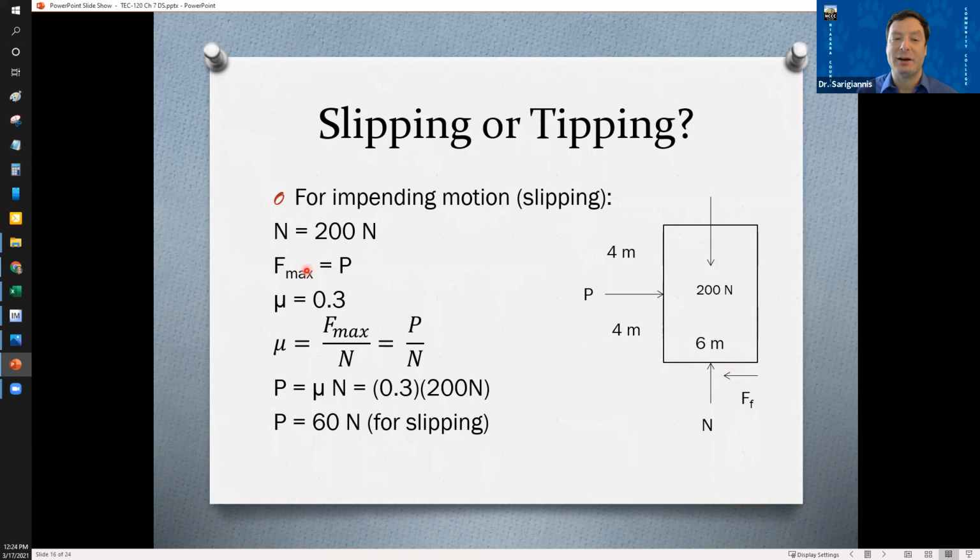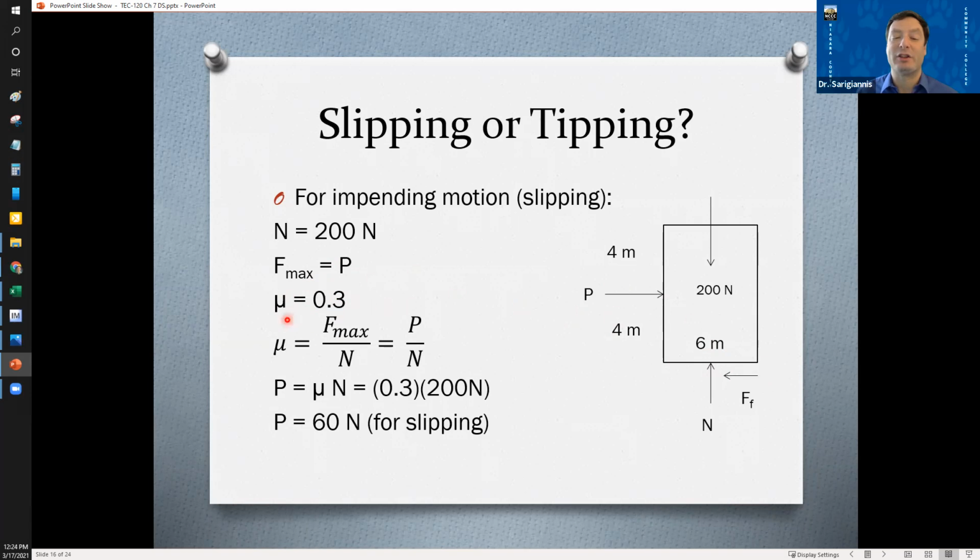You've got the force of friction, the maximum force equal to the force you're applying, right? This would be impending motion. These two horizontal forces are equally balanced, right? You have not exceeded the max force, but you're just on the cusp of exceeding it.